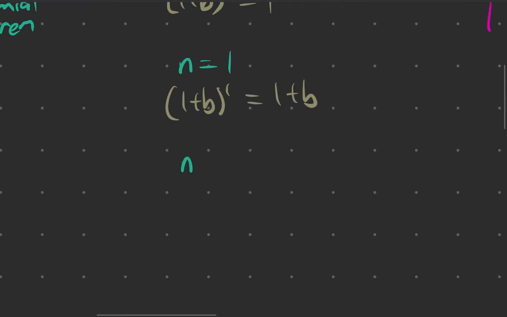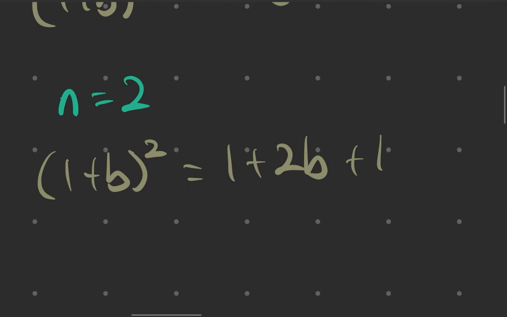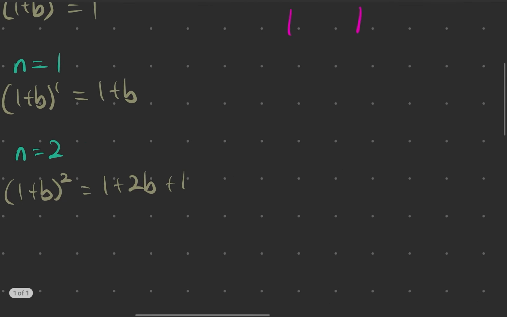So I'm going to do n equals 2 now. Now give me (1 + b)^2, which will give me 1 + 2b + b^2. So my constant at the front and the back is still 1, but now my coefficient of b is 2. So I'm going to write my answer as 1, 2, 1.